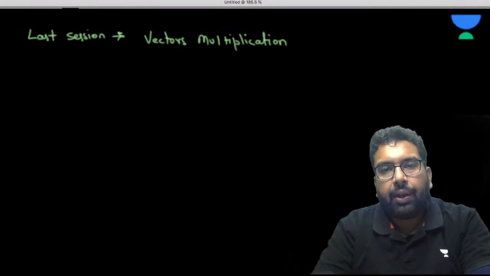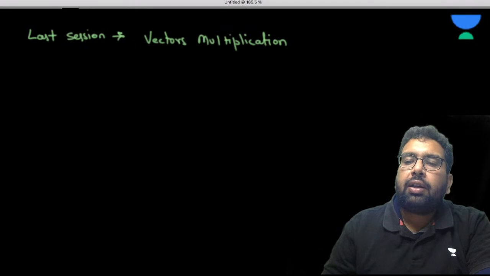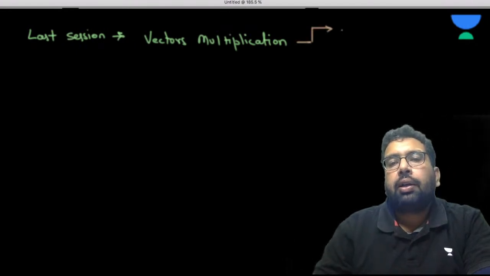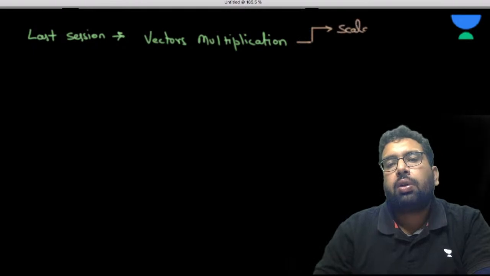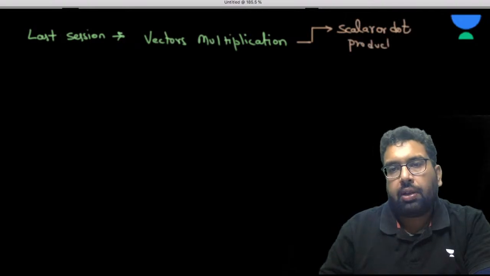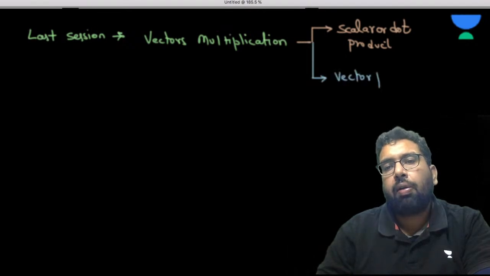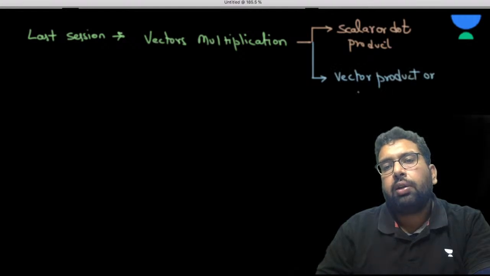In vector multiplication, we have seen the scalar product, which is also known as the dot product, and we have started with the vector product, or cross product. Same thing.